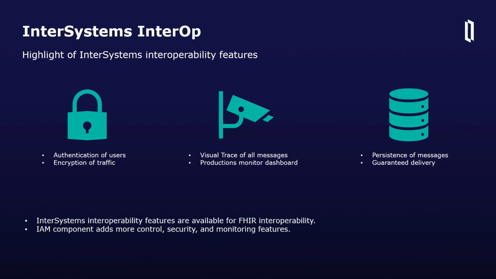This is very important, so that we can securely identify who has access to our data, and we can enforce access control policies. The second is visibility. We have the visual trace, which offers a graphical user interface, step-by-step view of how the messages flow through the system, where they are transformed, and where they are even delayed.